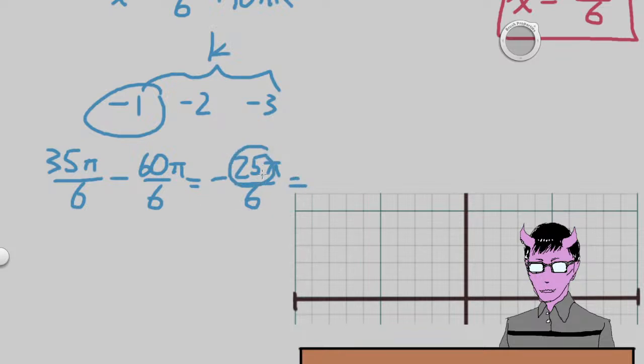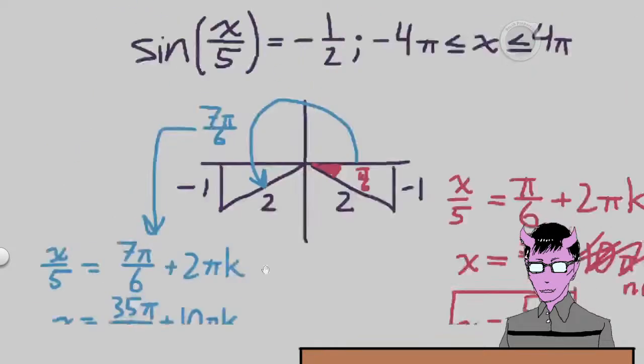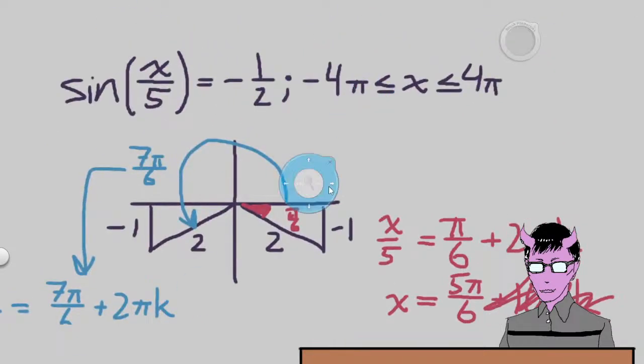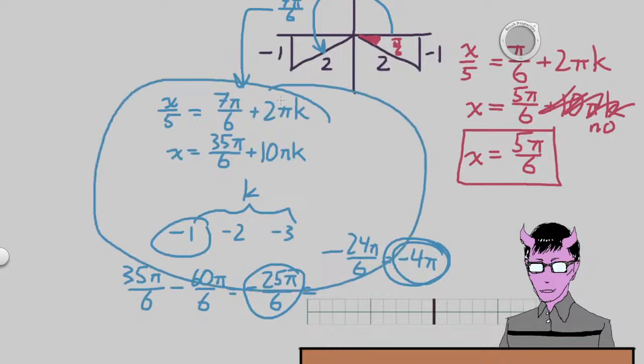Because if this had been 24 pi over 6, that would give us a negative 4 pi. That's already on the wall of the restriction. 25 is greater than 24 in terms of magnitude. So this one takes us past negative 4 pi, and that was our restriction right there. So therefore, we have no solutions for the blue scenario.